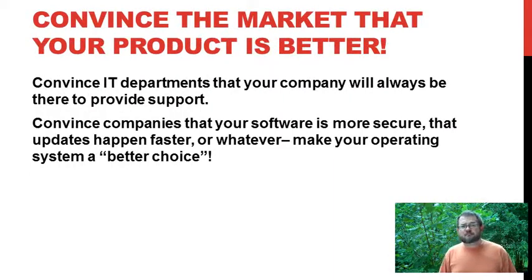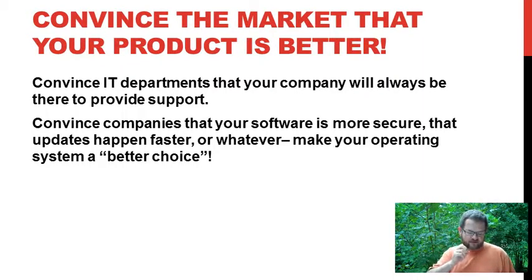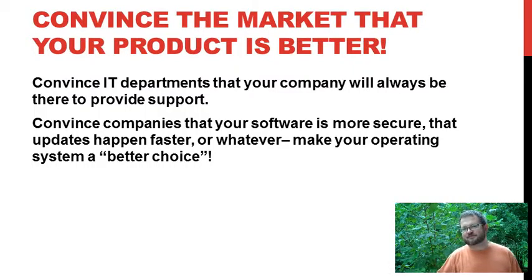Another possibility is to convince the market that what you're doing is better than what they can get for free. For example, you want to convince the IT department at a place of business that your product will always be supported. There's nothing scarier to IT departments out there than to say, gosh, what's going to happen if these guys go out of business or they stop supporting a product or whatever?